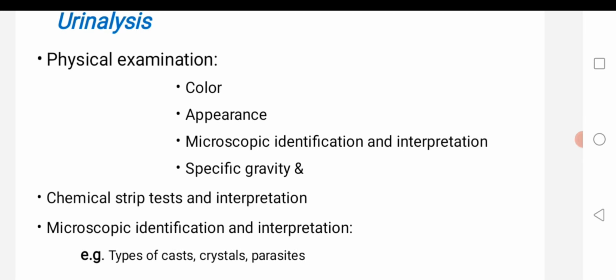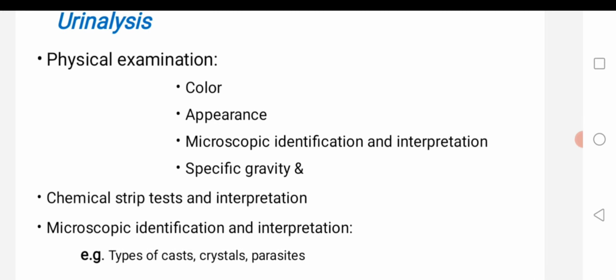Also microscopic identifications. This is also very important. Identification of, for example, casts, crystals, and parasites. So we have to know what casts look like: hyaline cast, maybe granular cast, waxy cast. We have to identify the type of cast that we usually see under the microscope, and also the crystals.